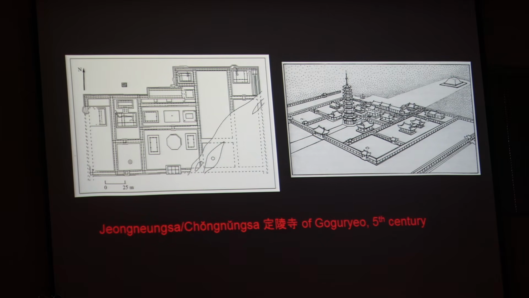Again, I haven't been to North Korea, but this is identified as the tomb of King Dongmyong, who reigned from 37 to 19 BCE, very, very early in the history of Koguryo. And the name tells me that the monastery was built in relation to the tomb.